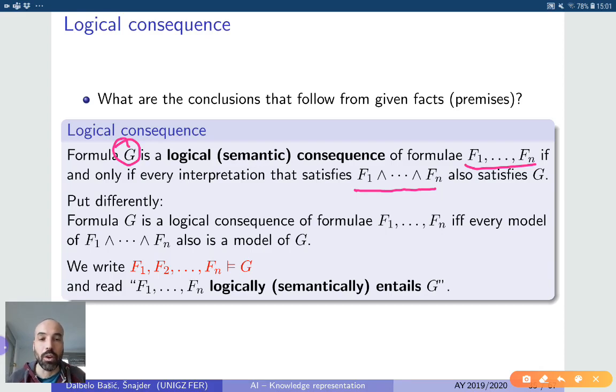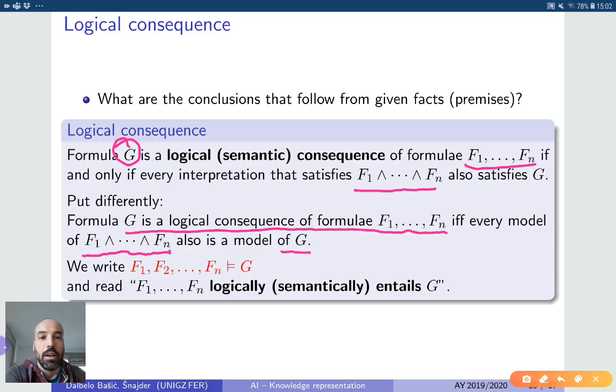Or in other words, recall that a model is an interpretation that makes a formula true. Then I can say that a formula G is a logical consequence of a set of formulas f1 through fn if and only if every model of the formulas f1 and f2 and so forth and fn is also a model of G.